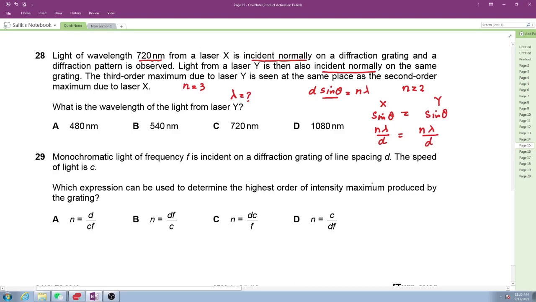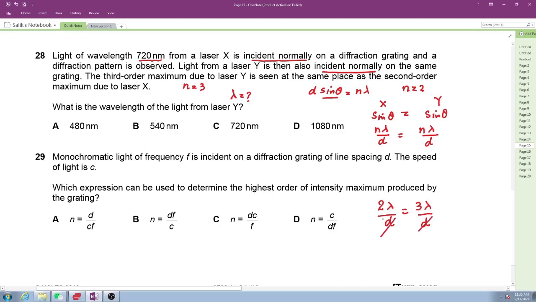As we know, n for X is 2, so 2 lambda over d equals 3 lambda over d. And d is also the same, since the diffraction grating is the same.